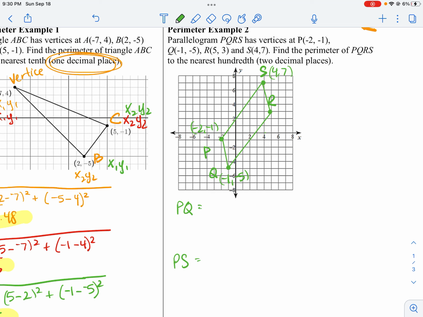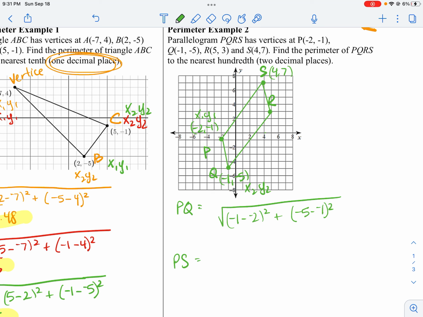So let's do PQ first. When I label these, this is X1, Y1, X2, Y2. So that's -1 minus a -2 squared plus -5 minus -1 squared.